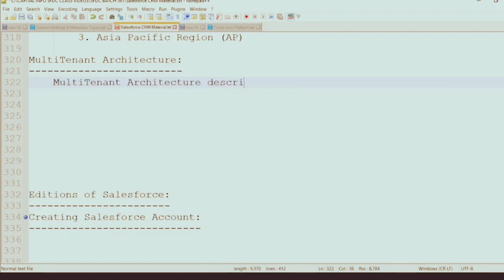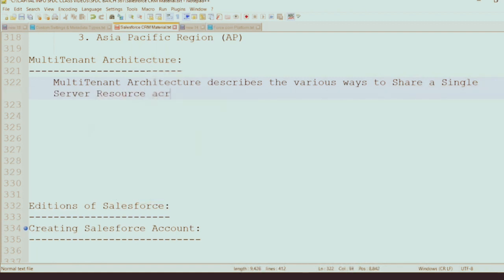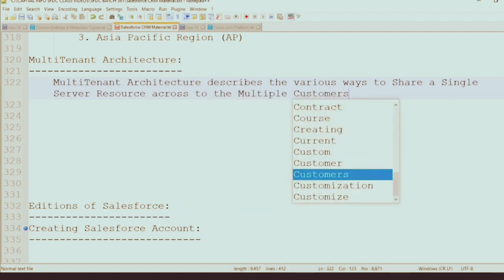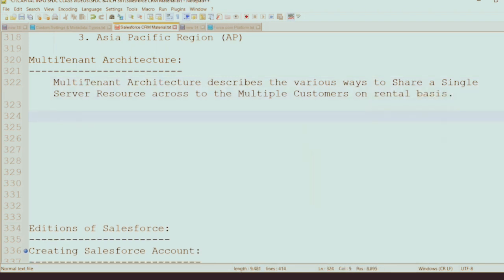Multi-tenant architecture describes the various ways to share a single server resource across multiple customers on rental basis.